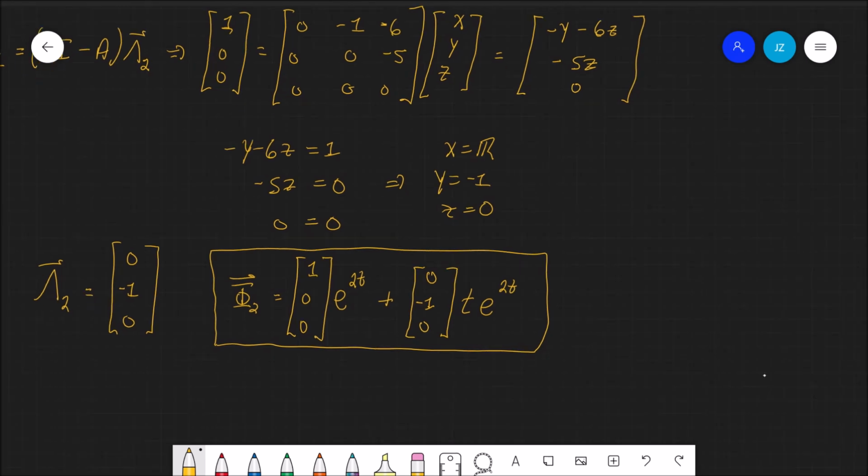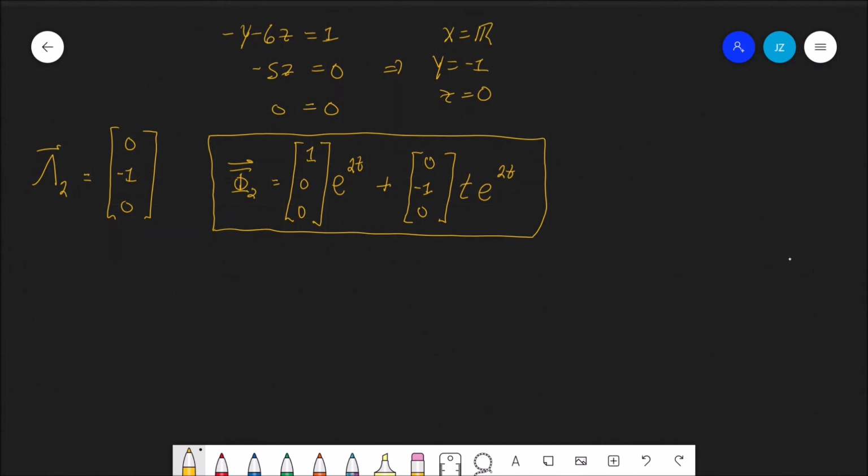We still need one more. Well, we're going to use the same equation. Lambda 2 is equal to (2I minus A) lambda 3. Now write this out in its actual matrix form.